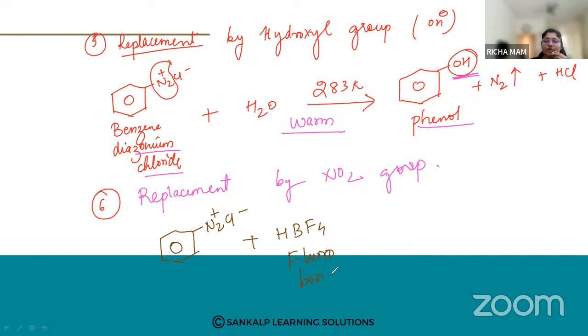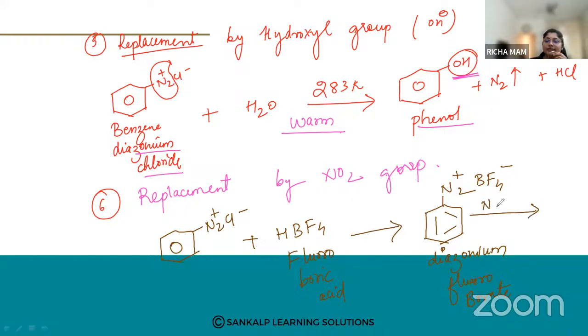After treating it with fluoroboric acid, I'm going to get an intermediate, N2 plus BF4 minus, that is diazonium fluoroborate. This further, I'm going to heat with NaNO2 in the presence of copper.